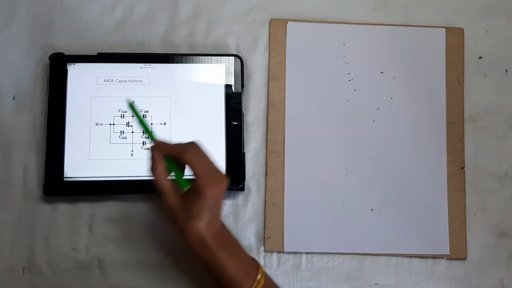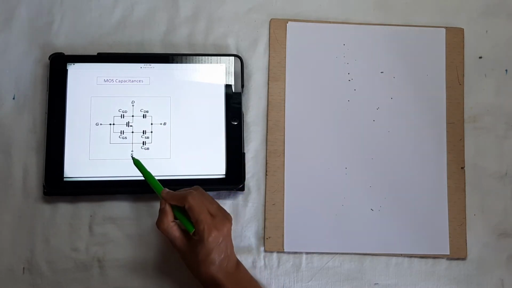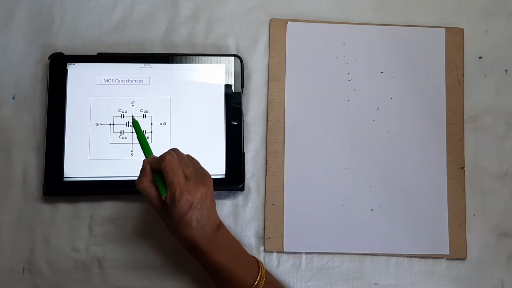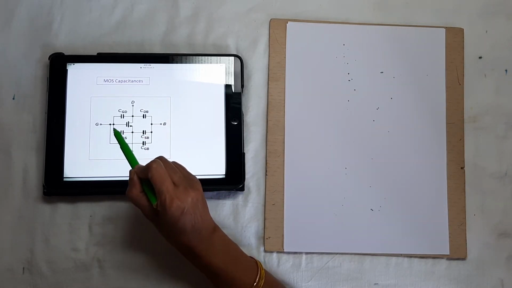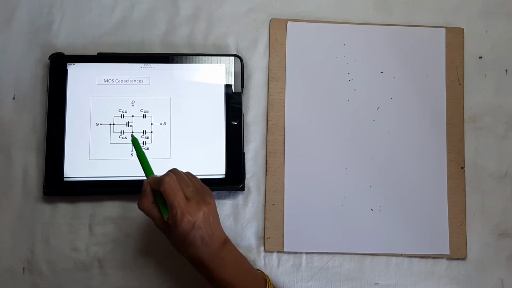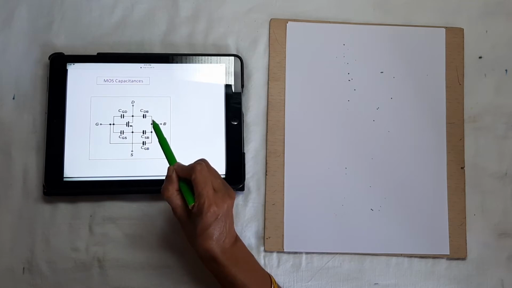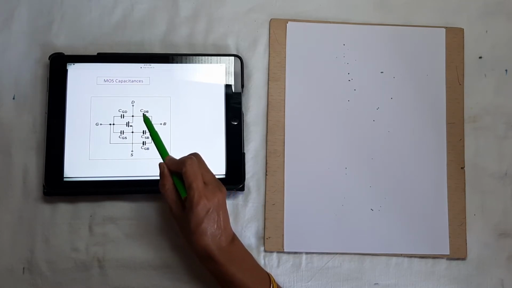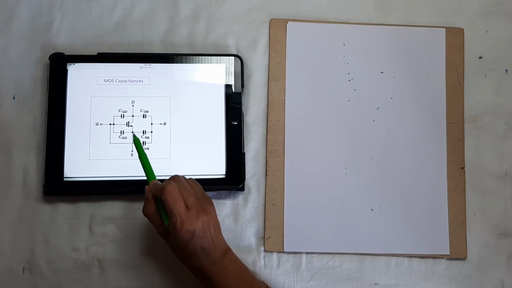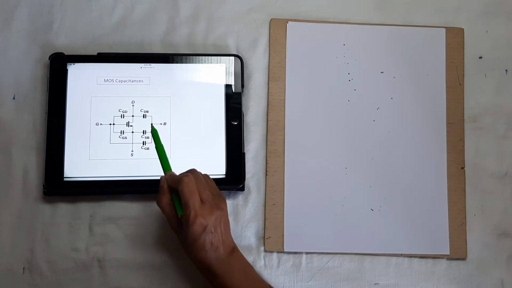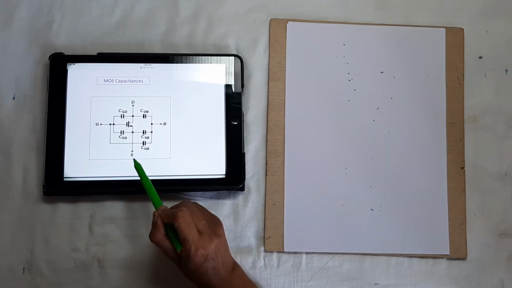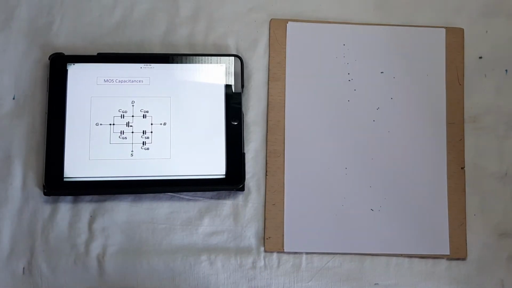This is the gate terminal, this is the drain terminal and this is the source terminal. The capacitance between the gate and the drain is called CGD. The capacitance between the gate and the source is called CGS, and as well there is a bulk terminal. Therefore, the capacitance between drain and the bulk is known as CDB. Similarly, the capacitance between the source and the bulk is CSB. The capacitance between the gate and the bulk is CGB.